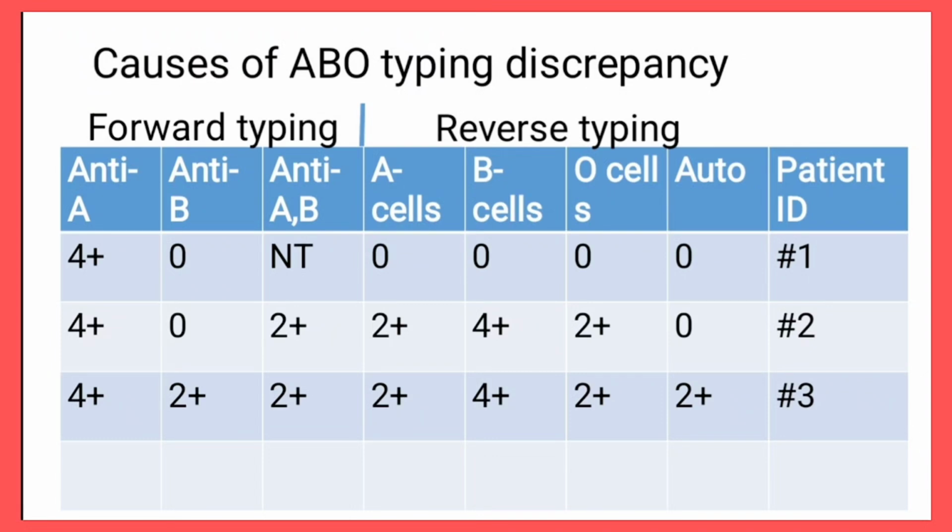It's A positive because if you look at anti-B, patient number 2 is negative. So it's negative on anti-sera B. And when you come to anti-sera A and B, it is positive, but weakly positive. Depending on how you look at it, it's also a confirmation that this patient is A positive.